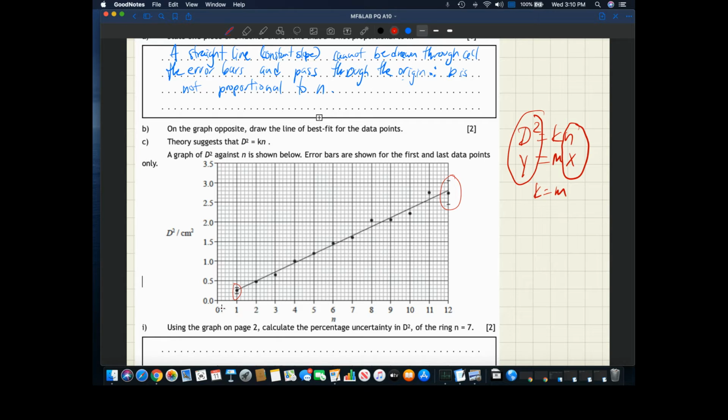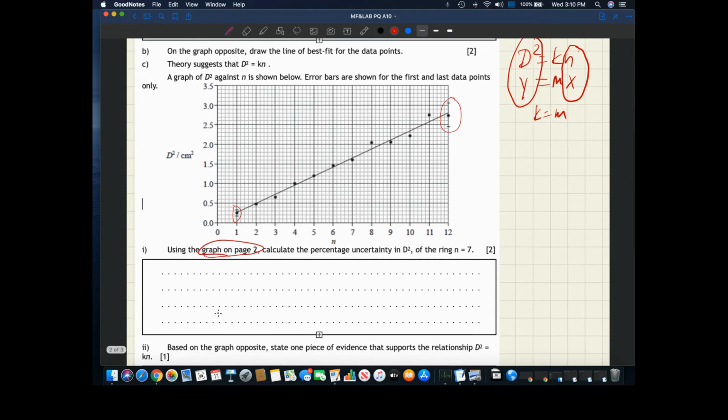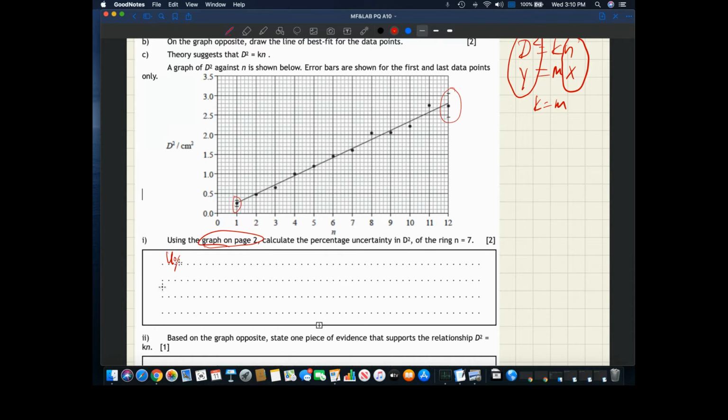Okay. Calculate the percent uncertainty in d squared. So using the graph on the prior page, we want the u percent in d squared. Well, how do you get d squared? D squared is d times d. So the u percent in d squared will be the u percent d plus the u percent d. So what we need is the u percent d. So u percent d is going to be equal to the absolute uncertainty over the mean value times 100.